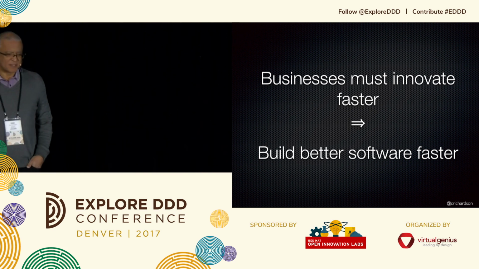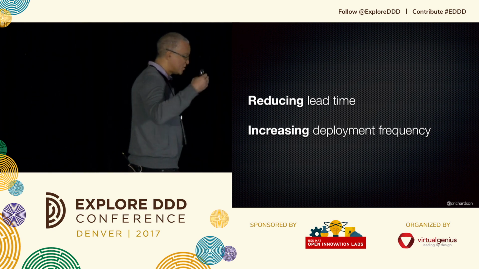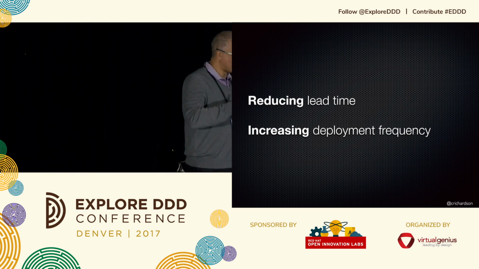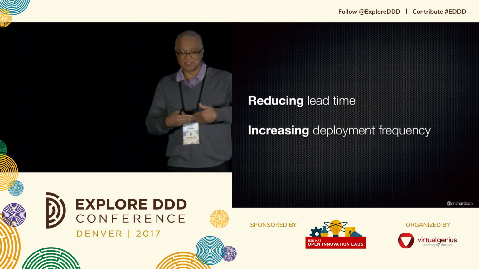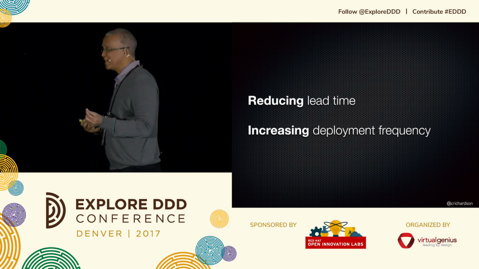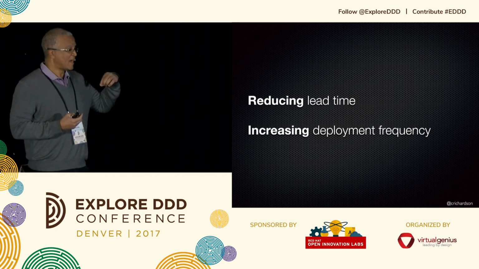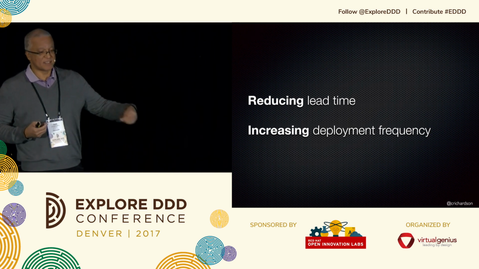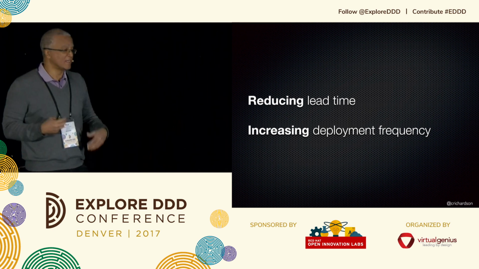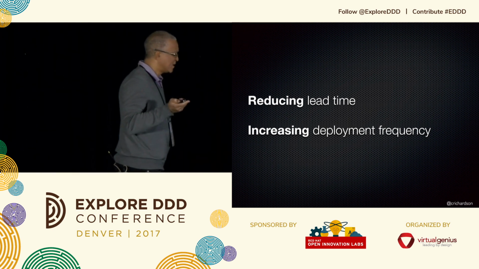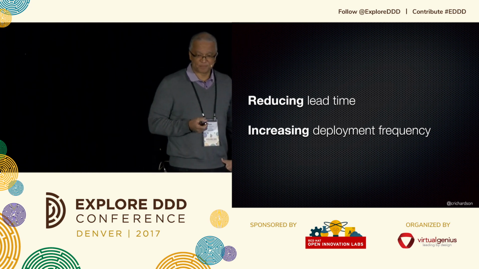Two key metrics here are reducing lead time, the amount of time it takes from the developer committing a change to that change being pushed into production, and increasing deployment frequency, how often you're able to push changes into production. We're all about reducing lead time and increasing deployment frequency. And later on, I have a slide with some numbers illustrating the state of the art.